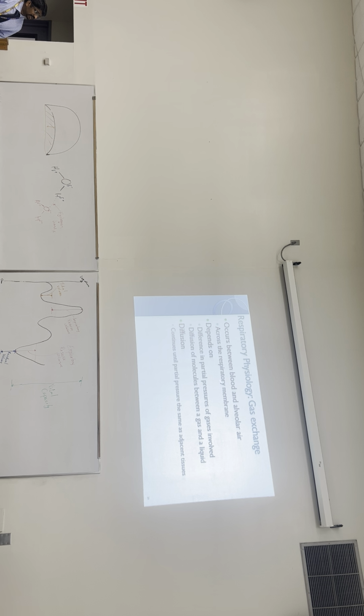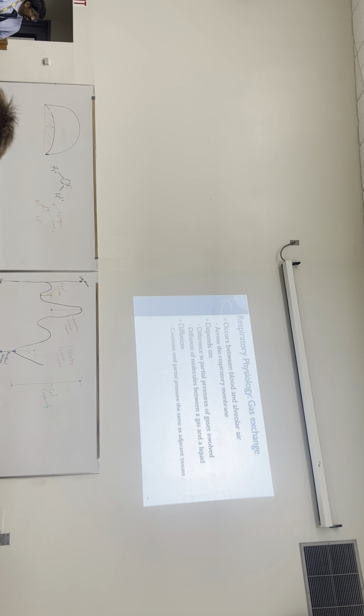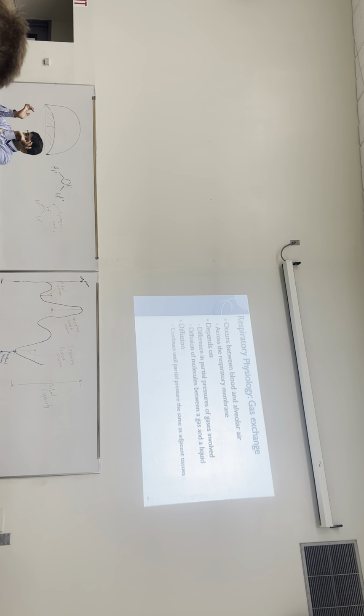Okay, so in terms of gas exchange, a couple of things, right? We want the respiratory membrane to be nice and thin, 0.5 to 1 micrometers. That will allow things to diffuse. But we also have these partial pressures. Basically, if you think about a mixture of gas, say an imaginary cube has 100 total molecules of gas, 80 are oxygen, 20 are water.